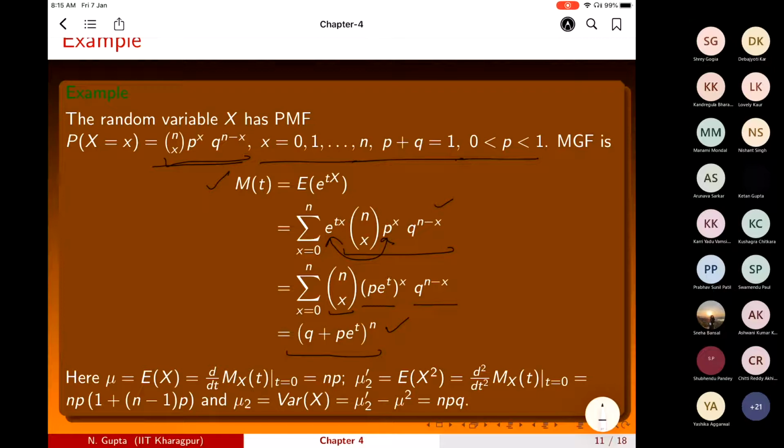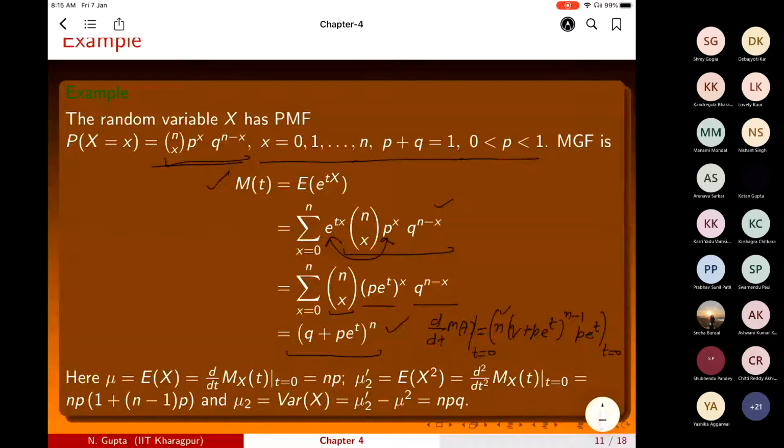Now if we take the derivative of the moment generating function, we will get n q plus p e raised to power t, raised to power n minus 1, into the derivative of q plus p e raised to power t, which will be p e raised to power t. After that you put t equal to 0. So what will we get?